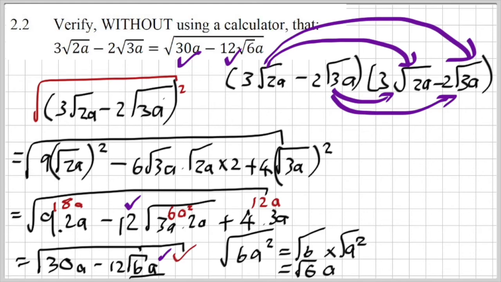Woo! This was a beautiful question, ladies and gentlemen. Absolutely gorgeous. So I would encourage you to go and try this one yourself again. And this is definitely the kind of sum that an examiner puts in because they know maybe 1 or 2% of the population would be able to get this right.